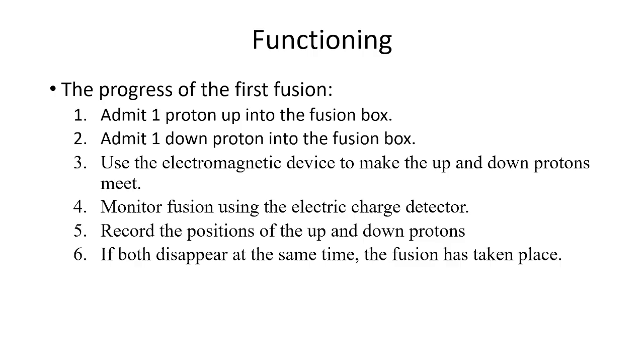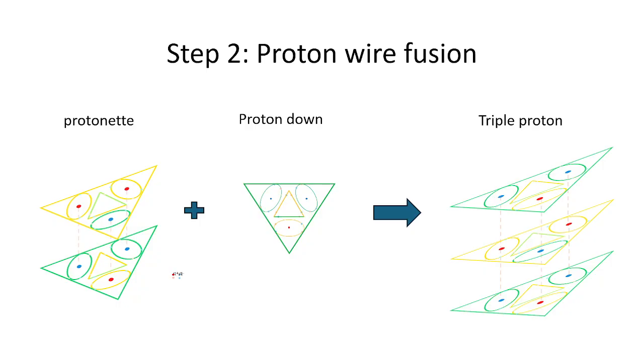Monitor fusion using the electric charge detector. 5. Record the position of the up and down protons. 6. If both disappear at the same time, the fusion has taken place.